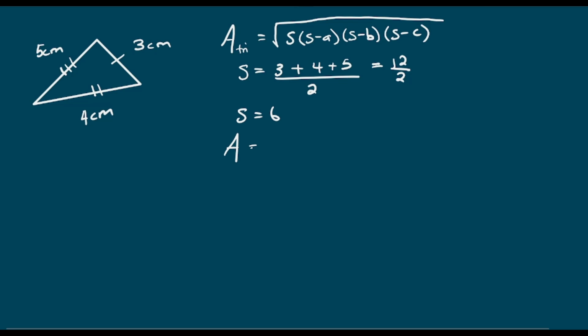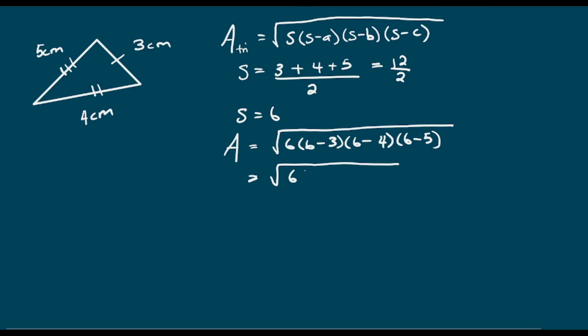Now our area will then be the square root of 6 times 6 minus 3 times 6 minus 4 times 6 minus 5, which is the square root of 6 times 3 times 2 times 1. So we get 36, and the square root of 36 is 6 centimeters squared.